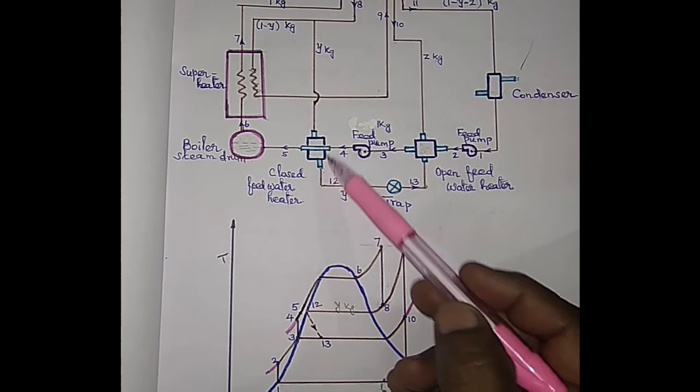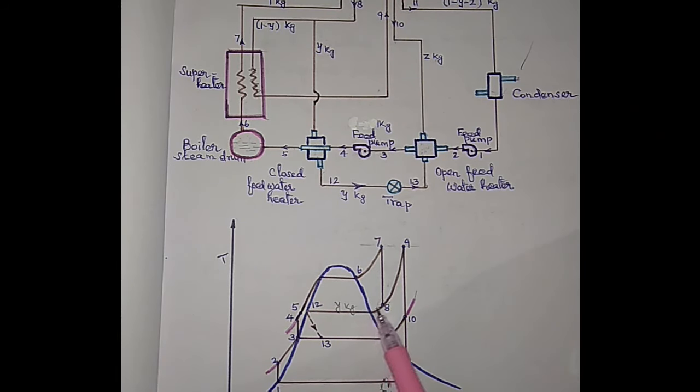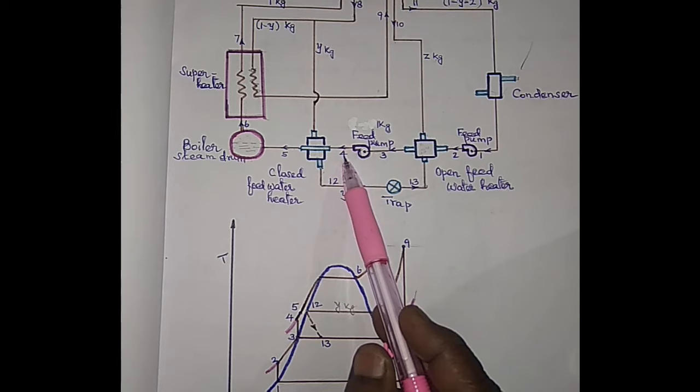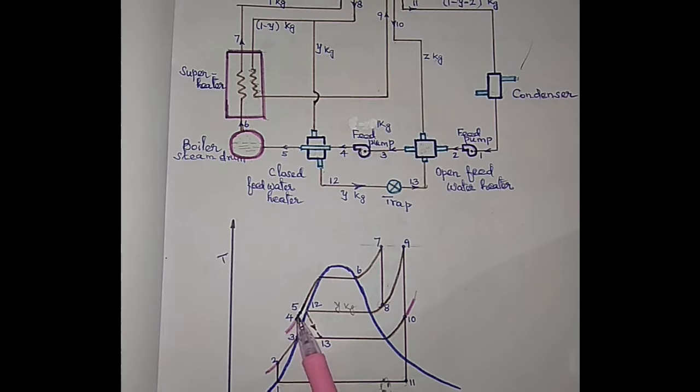So 8 to 12, the steam loses heat to the feed water which is going through the tubes. So the temperature of the feed water increases from T4 to T5. So 8 to 12, steam loses the heat, and that lost heat is used for heating the feed water from 4 to 5.